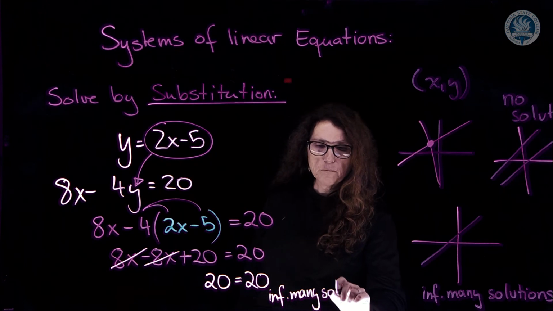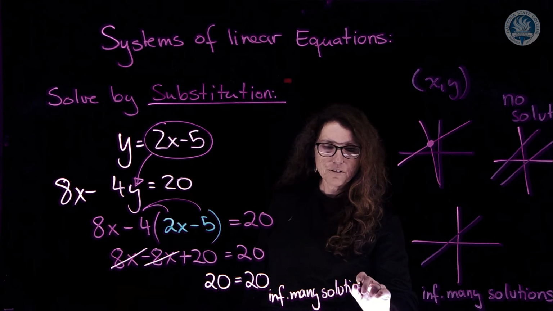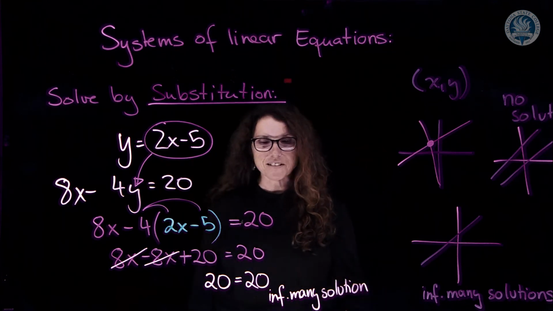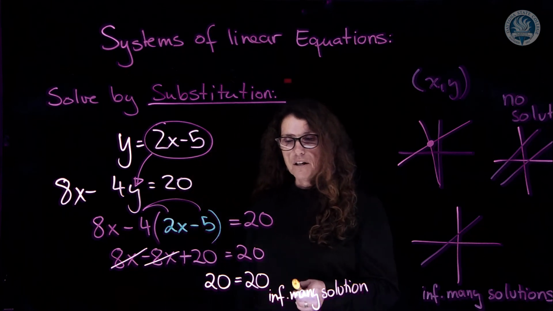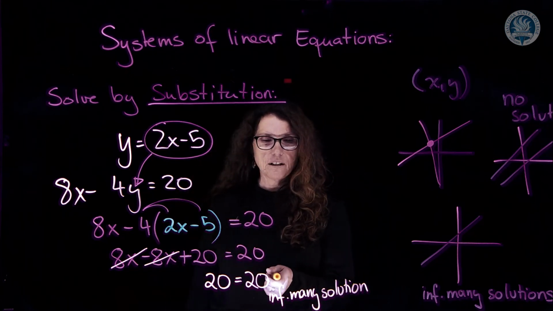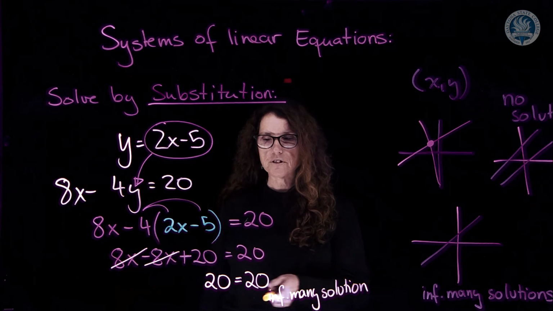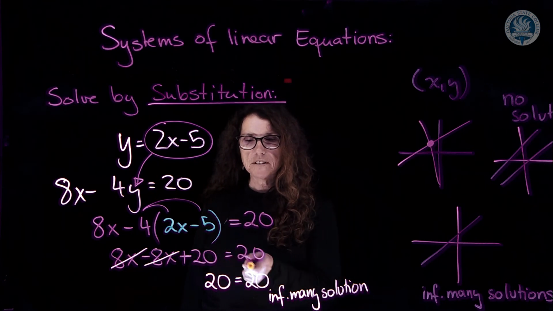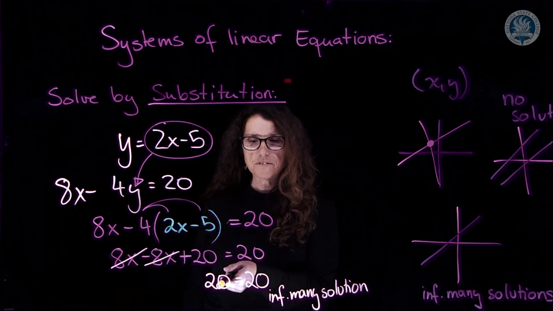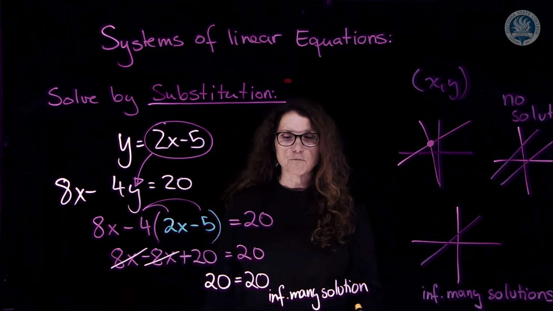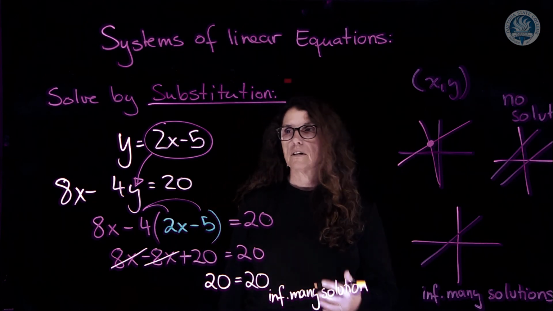So if your variables all cancel out, and no worries, this does happen, then you have infinitely many solutions if you have an identity, if the left-hand side is equal to the right-hand side.